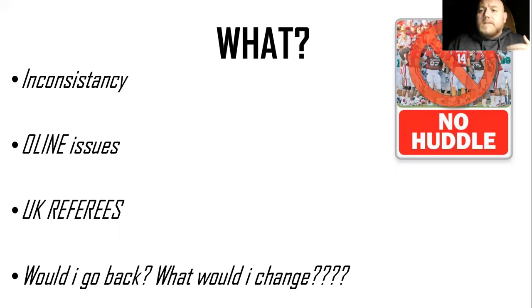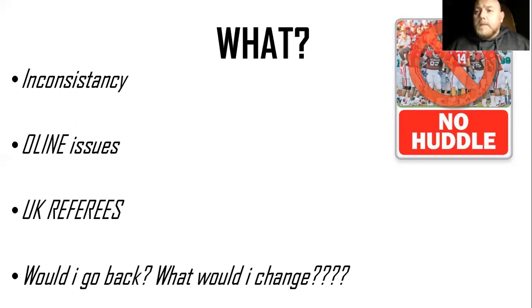It wasn't always how I liked it. And the main part of it was the inconsistency. And that inconsistency could come from players not being at practice, players not being at games. So when they get to a practice, when they get to a game, they may forget what the signal is.